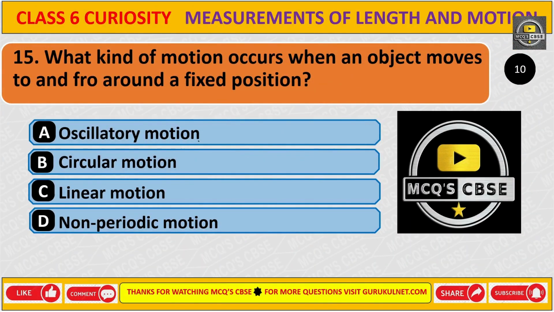What kind of motion occurs when an object moves to and fro around a fixed position? And the correct answer is A, oscillatory motion.